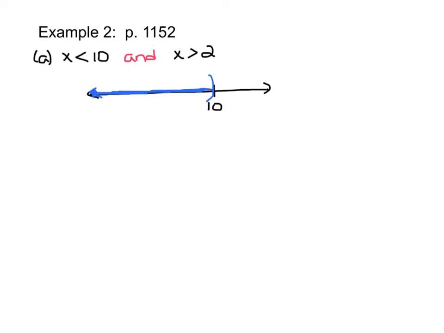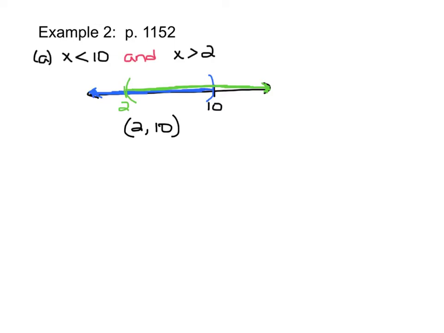And then x is greater than 2. We're going to have 2 on my number line, and everything greater than, so 2 is not included, but it starts right after 2, and everything that's greater than that. So now what overlaps? Well, we overlap everything greater than 2 and less than 10. So my interval notation would be just like my number line says, from 2 to 10.